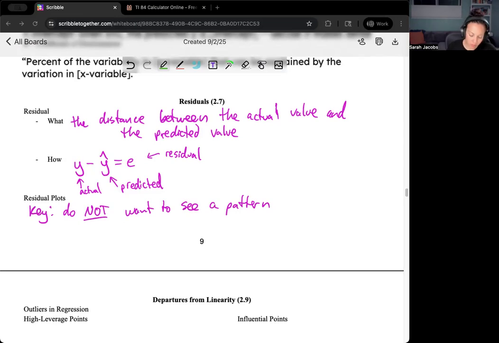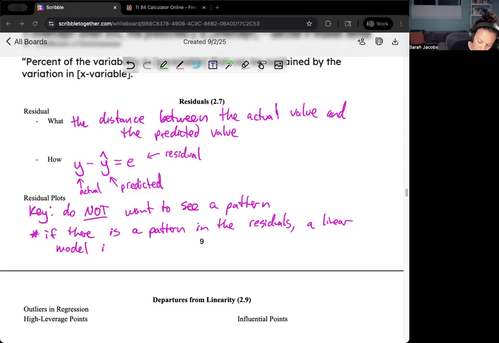If there is a pattern in the residuals, a linear model is not appropriate. This is something that will come up frequently. If this concept is getting assessed, this is how it's going to get assessed. You're going to be given a scatter plot and or a residual plot, and especially a residual plot. You look at those residuals. If there's a pattern, not appropriate. Okay.